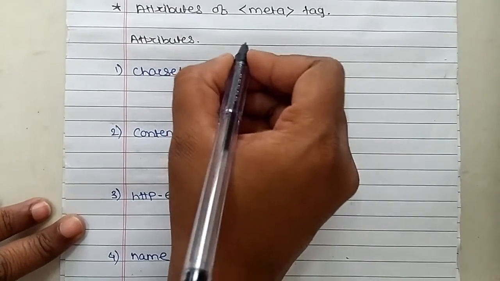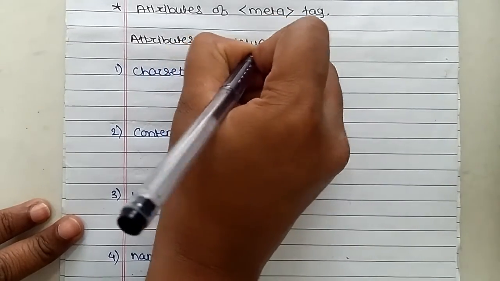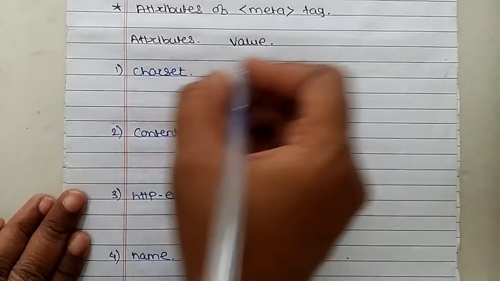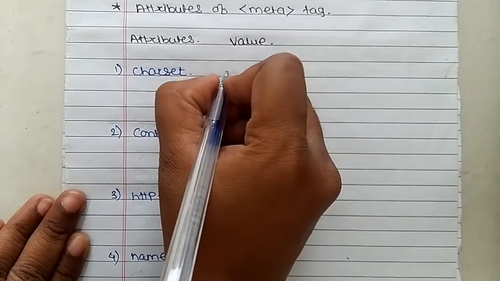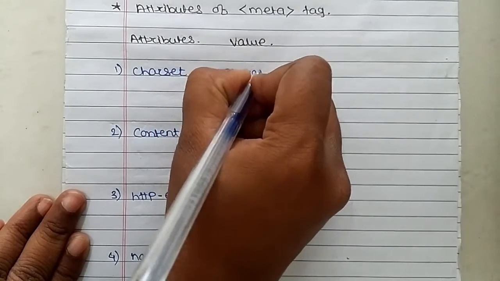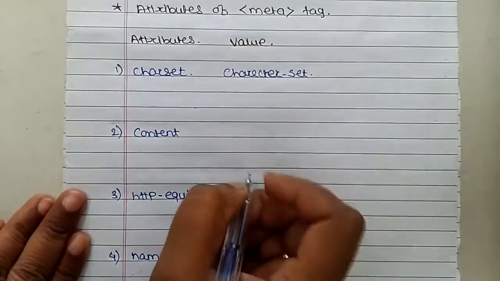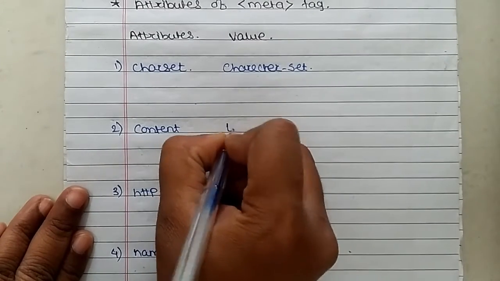So next is values. When we write charset, what is the value of this attribute? That is character set. Then content. What is the value of the content? That is text.